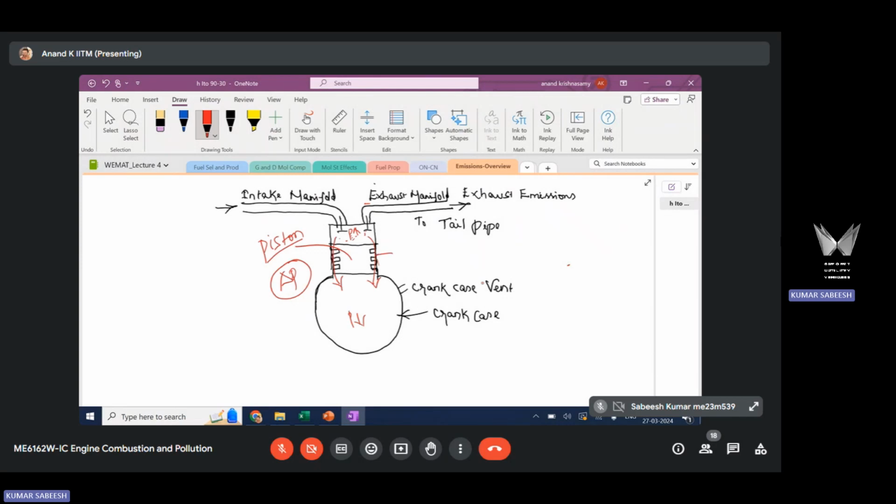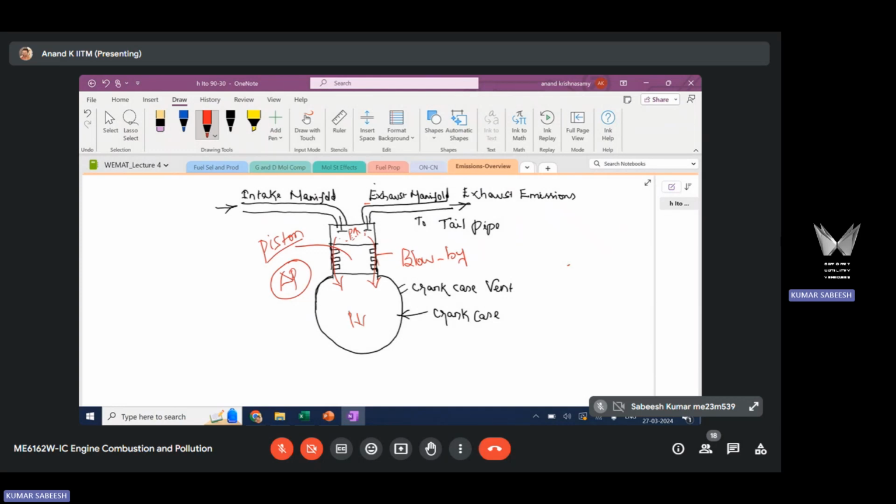So you have something called blow-by. I think I already discussed this blow-by. You have some high pressure gases leaking through the radial clearance between the piston outer surface and the cylinder liner. You are providing some clearance to account for the thermal expansion of the piston, otherwise you will have a problem running the engine. The piston will get stuck with the liner, it cannot even move.